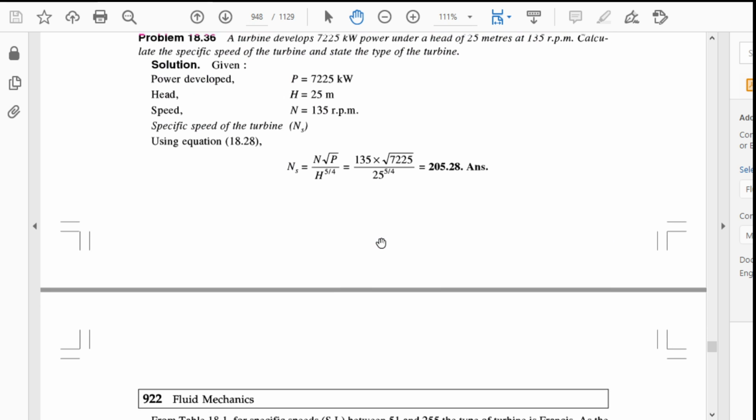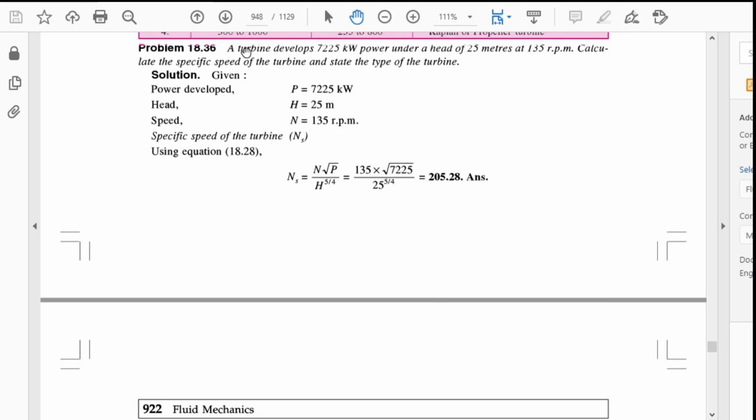First numerical is: a turbine develops 7225 kilowatt power under a head of 25 meters at 135 rpm. Calculate the specific speed of the turbine and state the type of turbine.